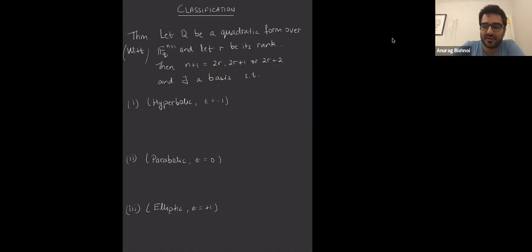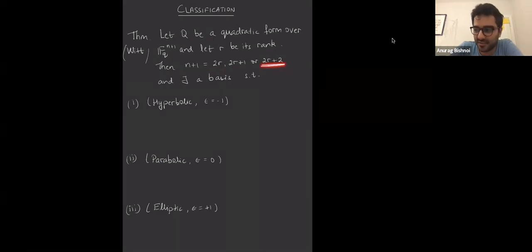So if you go the other way around, say I give you a vector space of dimension 6, let's say, then there are two possibilities: that you have a rank 3 quadratic form in it, or a rank 2 quadratic form in it.